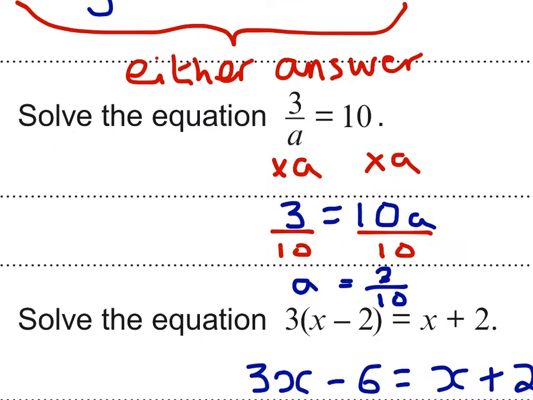So you multiply both sides by a, and you get 3 equals 10a. And then because you want to end up with a on its own, you divide both sides by 10. So 3 divided by 10, a is 3 over 10, or 0.3. Okay, so you say a equals 3 over 10, or 0.3. Okay?